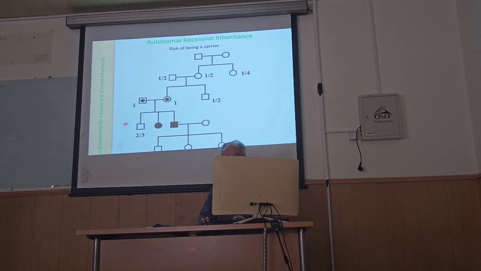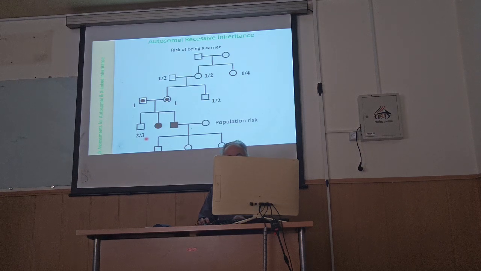The siblings of an affected individual have a chance of 2 out of 3 to be a carrier. She is affected, he is affected; their brother has a chance of 2 out of 3 to be a carrier. For an individual not related to this family, the risk of being a carrier is the population risk.